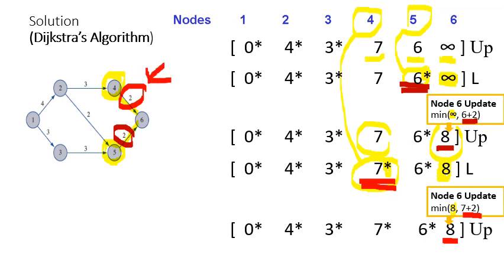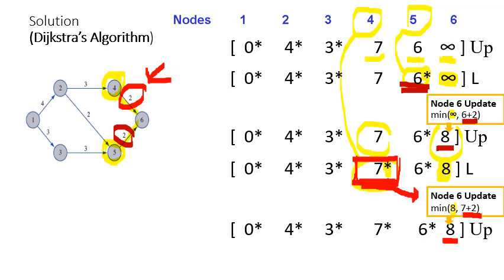So by the updating step here, I mean we might update the number, or we might not update the number. But each time in the update step, you need to check which one is smaller between its current label and the sum of the label of the last node that we made permanent plus the distance from this node to the one that we are updating.